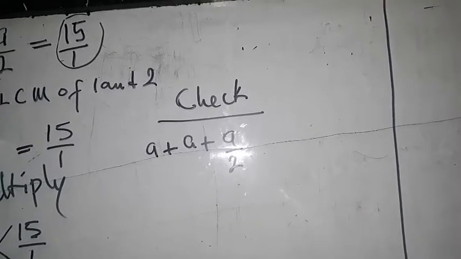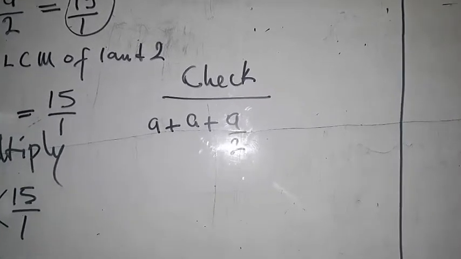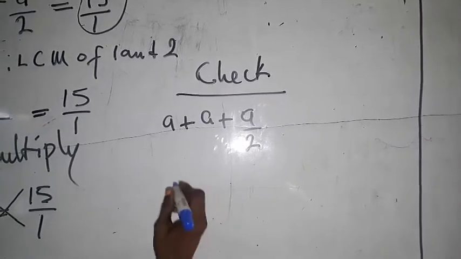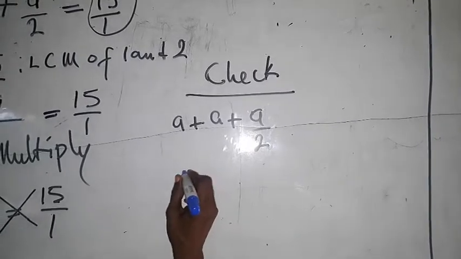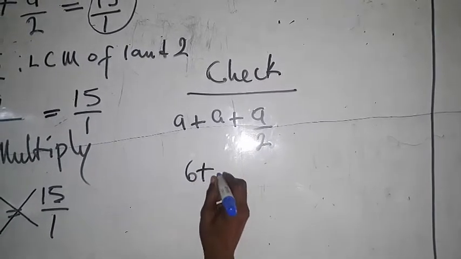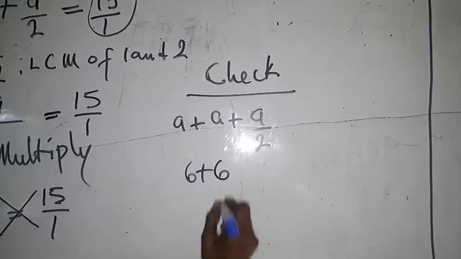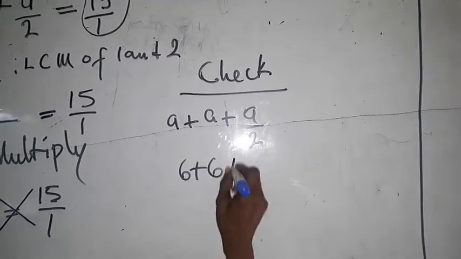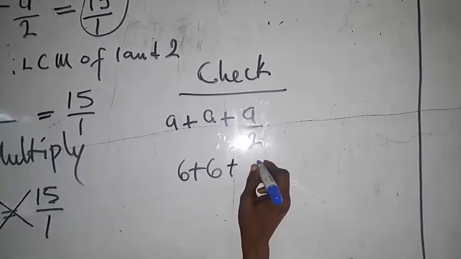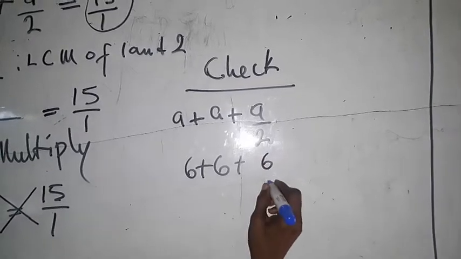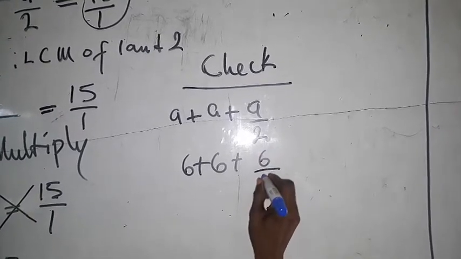Let's see if it is so. Wherever you see A, you put 6. 6 plus 6 plus another 6, but this time around divided by 2.